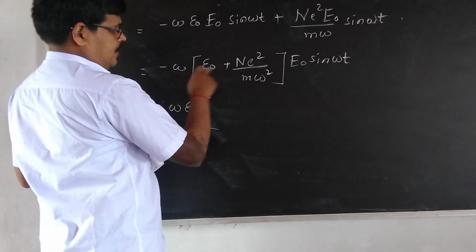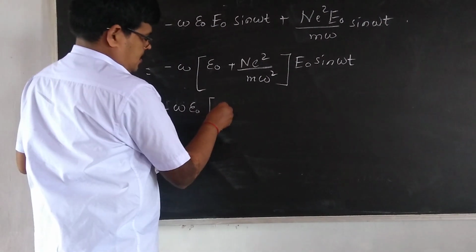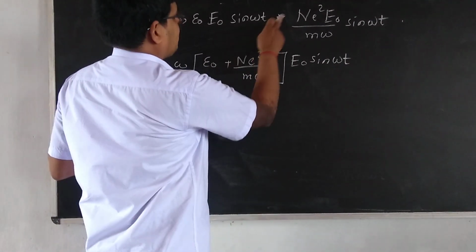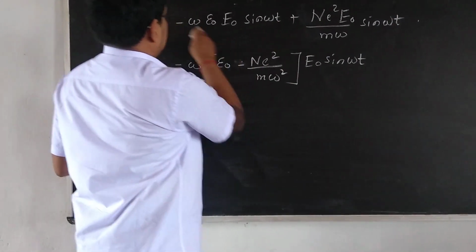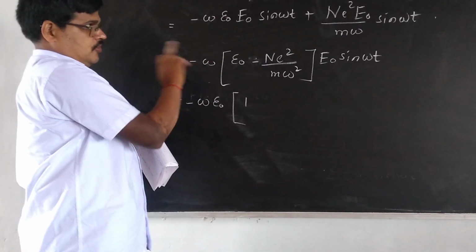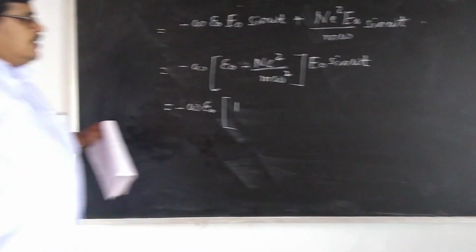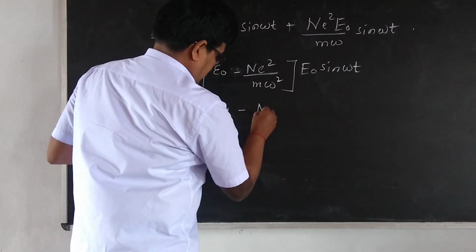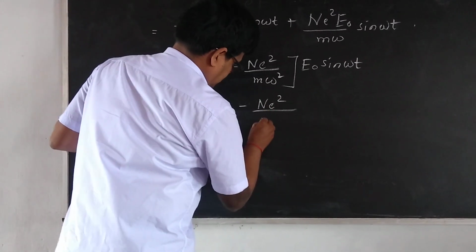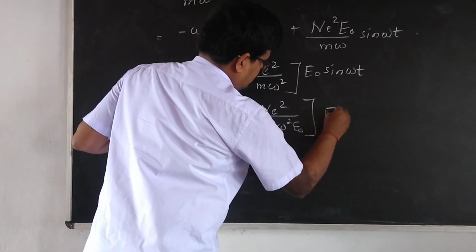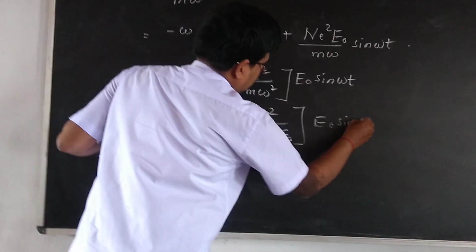So again I will take minus omega epsilon naught, dividing by epsilon naught here. Epsilon naught divided by epsilon naught is 1. And of course, sorry, this is minus, because I have taken minus omega. So 1 minus N e square divided by m omega square epsilon naught, into E naught sin omega t.